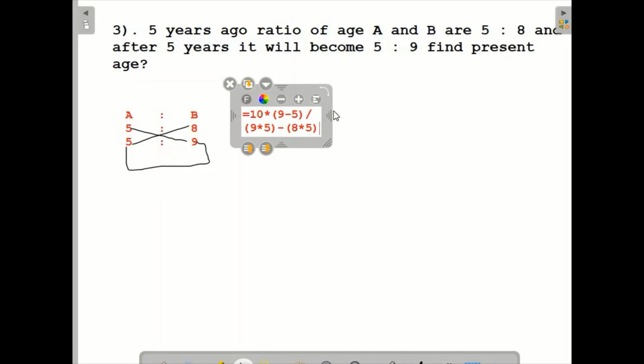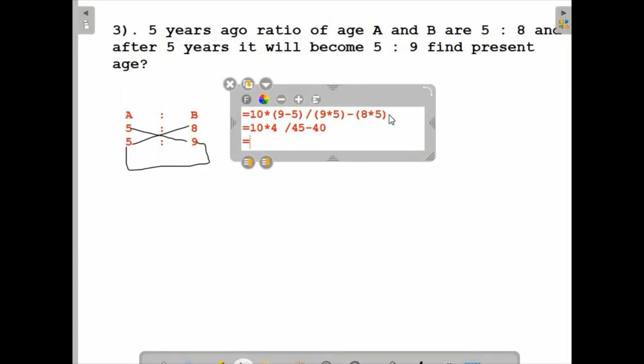Okay. So equal to 10 into 4 divided by 45 minus 40. So it is clear that 40 divided by 5. So equal to 8 years.